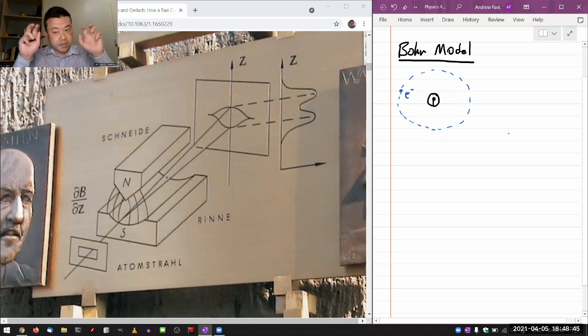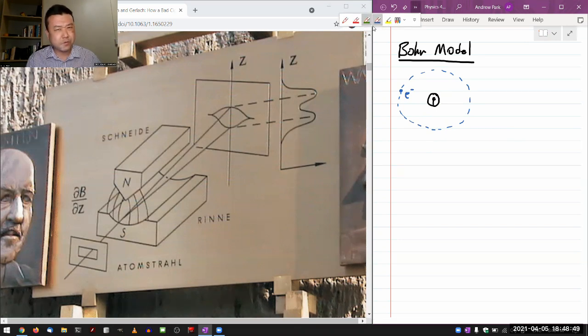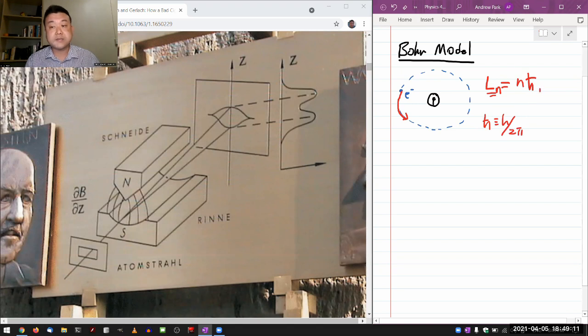And Bohr's nonsense was to impose this condition without quite as much justification as there should be, that as this electron orbits the nucleus, it has quantized angular momentum. Its orbital angular momentum comes only in discrete units of h bar. And as a reminder, h bar simply means h over 2 pi. And he's setting this so that this n has to be an integer.